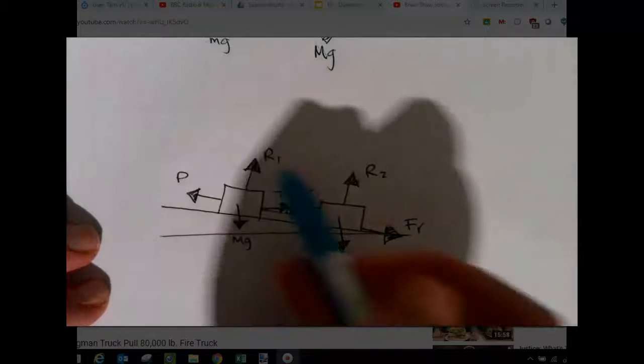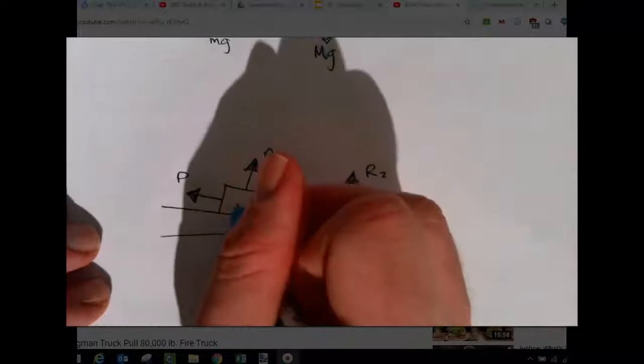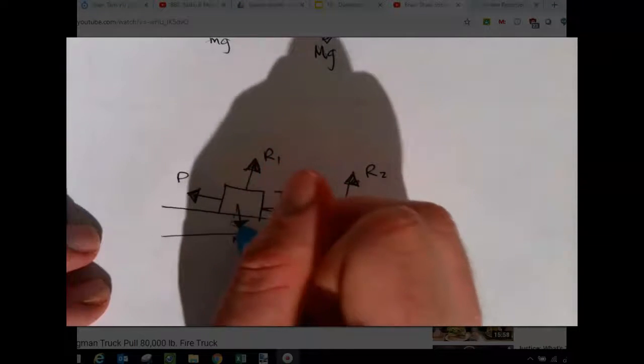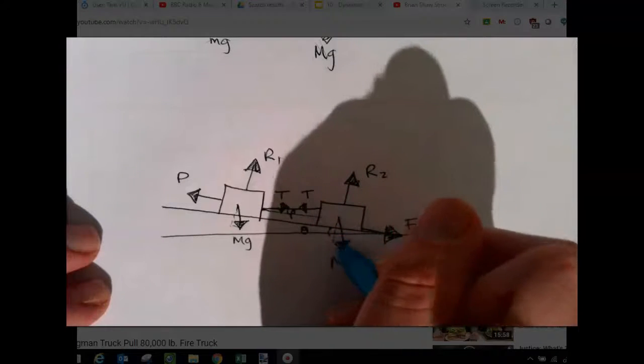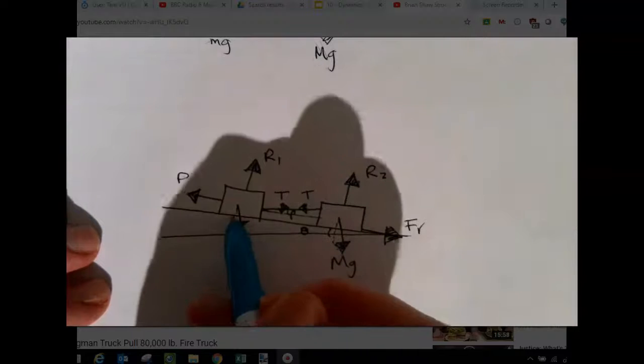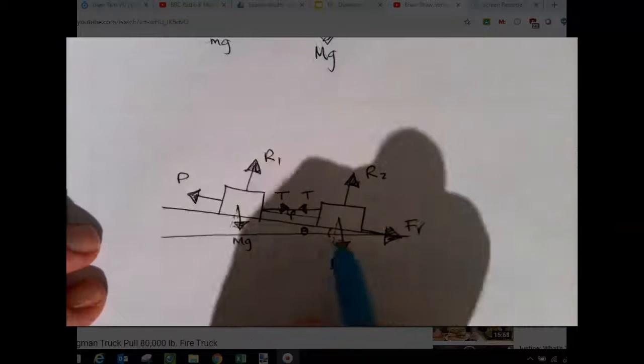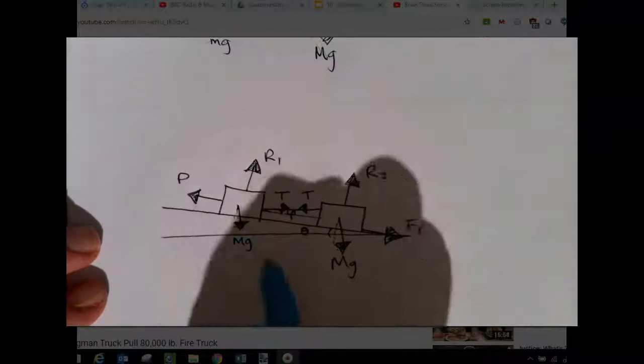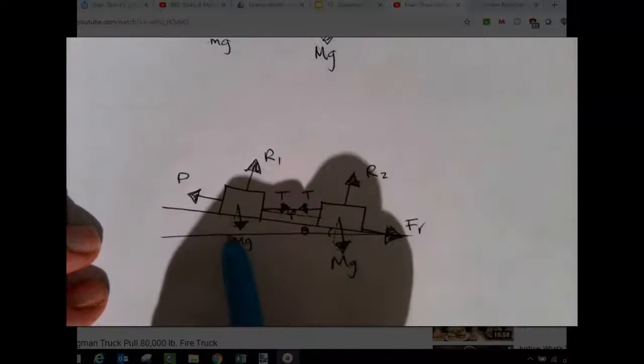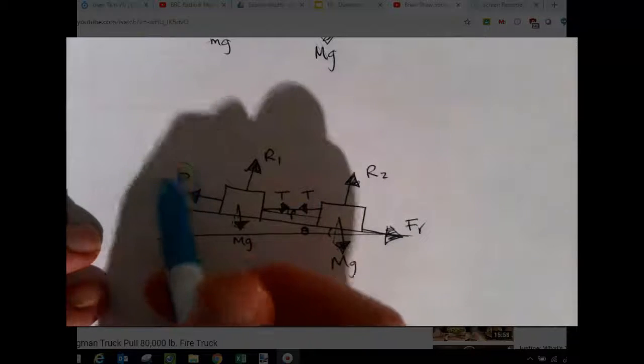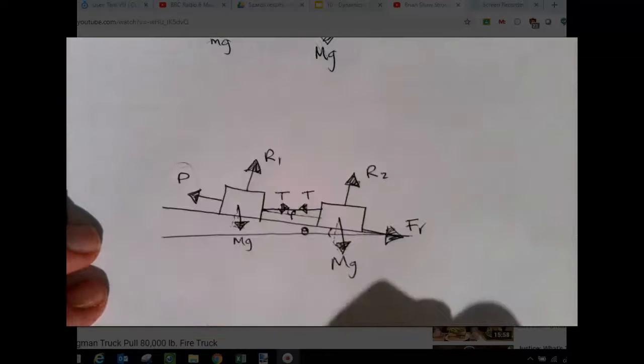So if I were to work this out, and it's the same maths just with slightly more complicated steps, I'd add the fact that the weights were actually acting slightly against Brian, and so they're going to have a component that is pulling down the slope and resisting his tractive force, his pulling force.